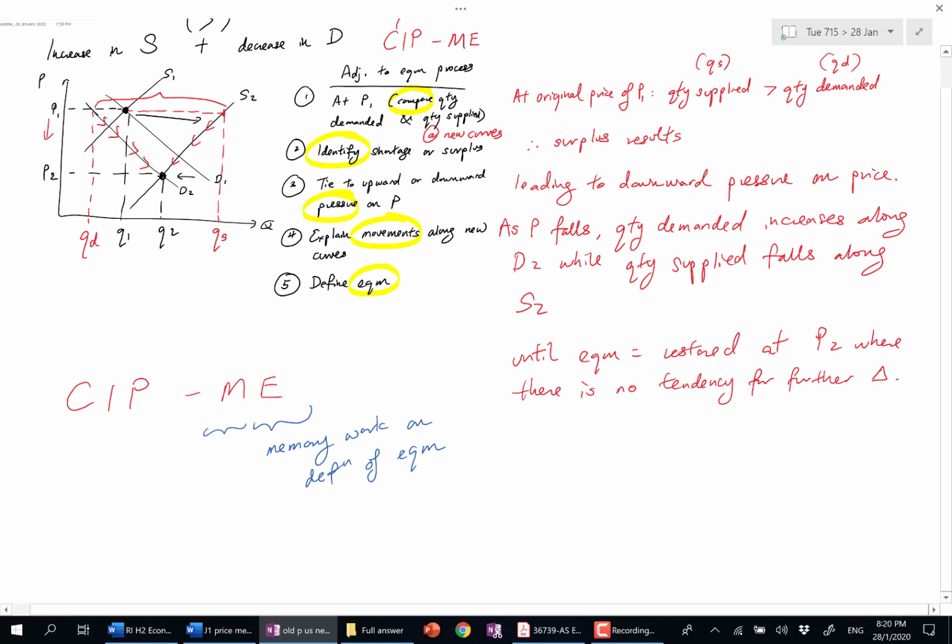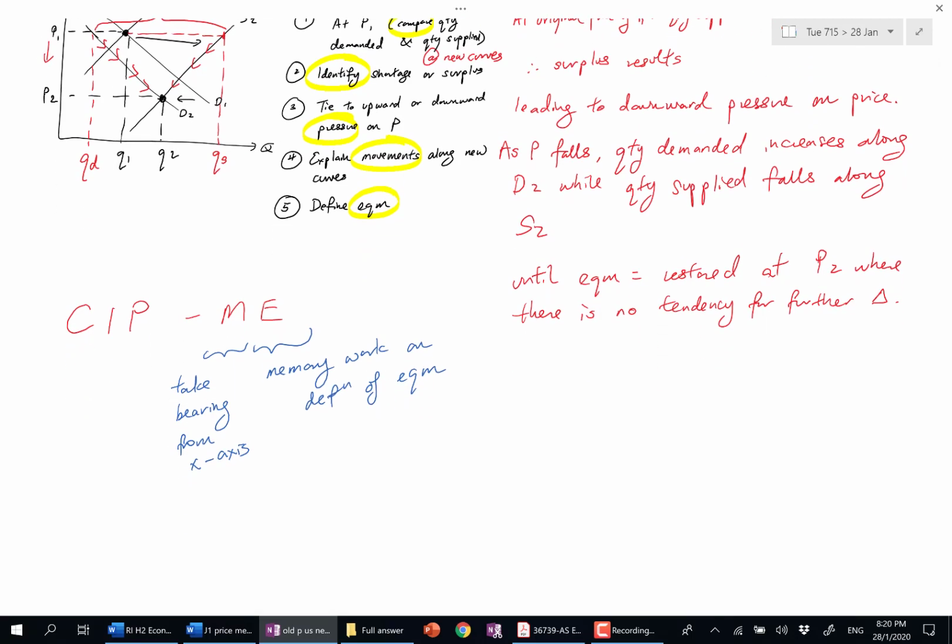How about the point M? Movements. Always take your directions or take your bearing from x-axis. What I meant here is, if you want to know whether to say it's an increase or decrease, always be very clear, you're looking at quantity, you're not looking at price.